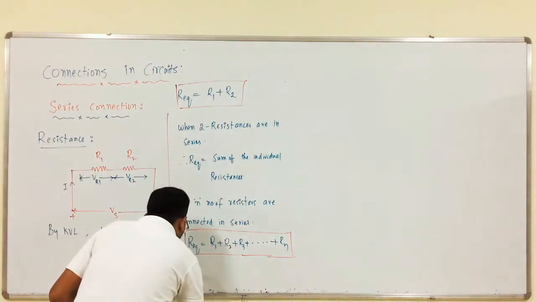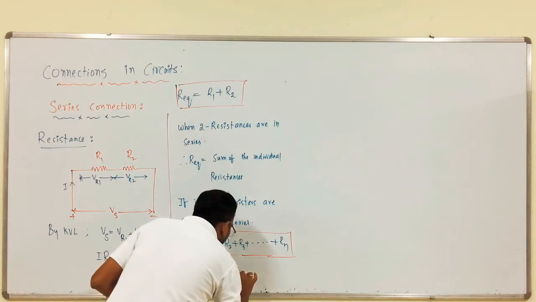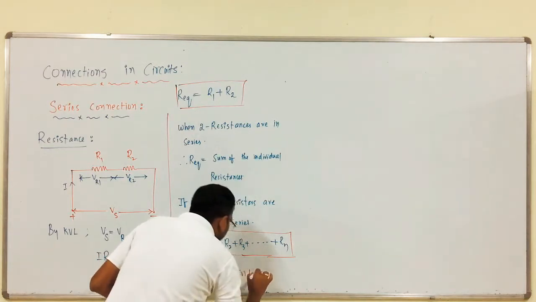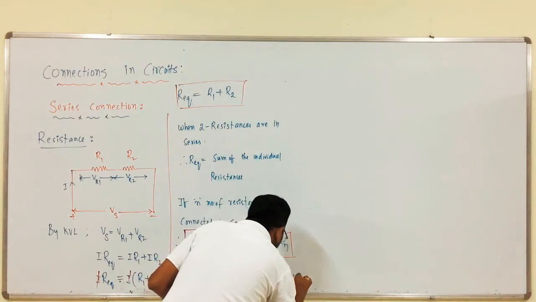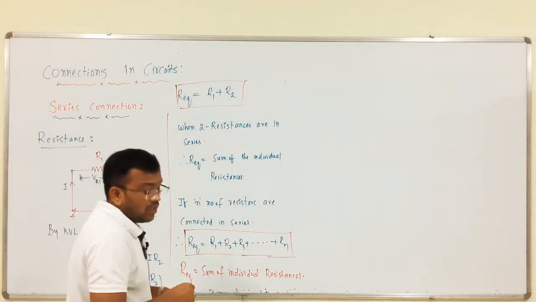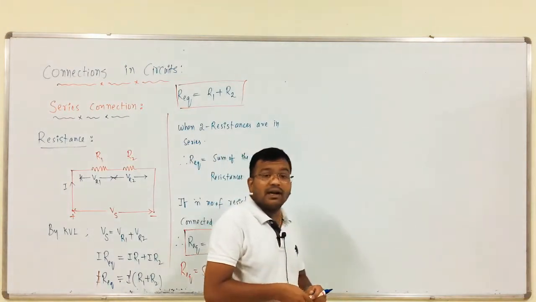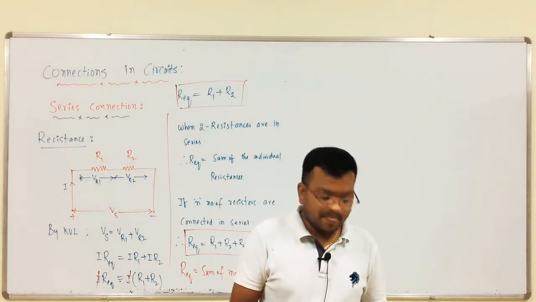Therefore, R equivalent is equal to the sum of individual resistances. That is it. If we have n number of resistors connected in series, the equivalent resistance is nothing but the sum of individual resistances.